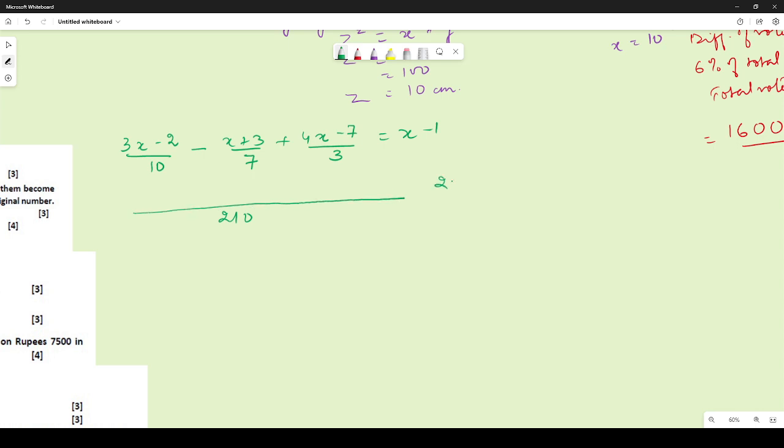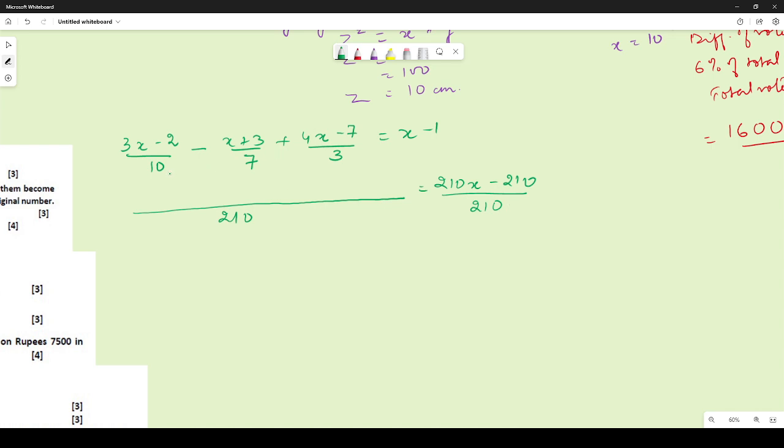And you write over here 210x minus 210 equals to. Over here, you change this as by 210, if you are making the same denominators.